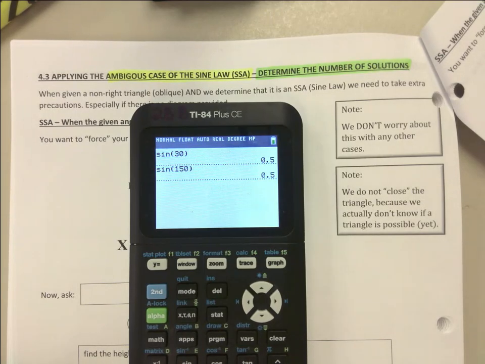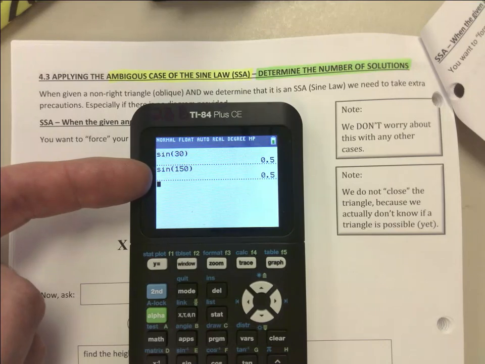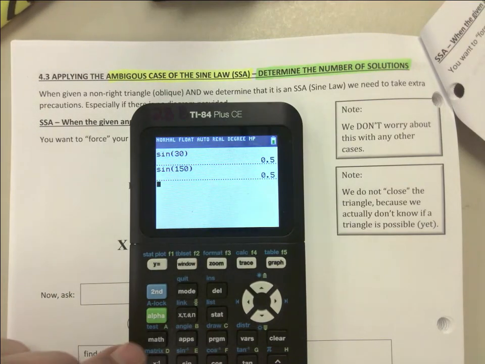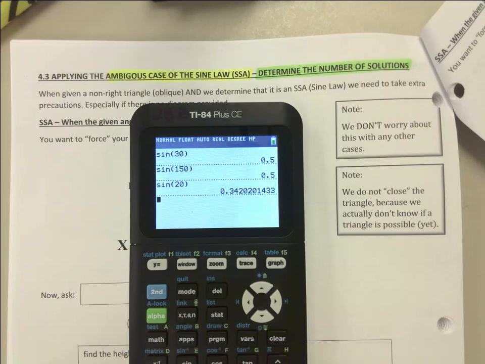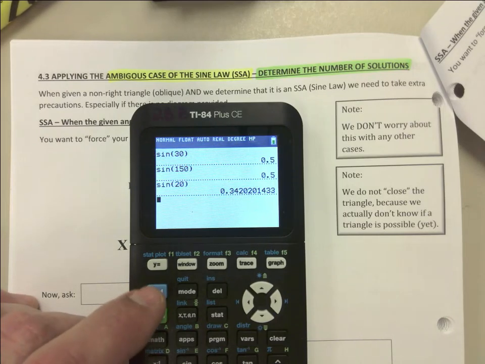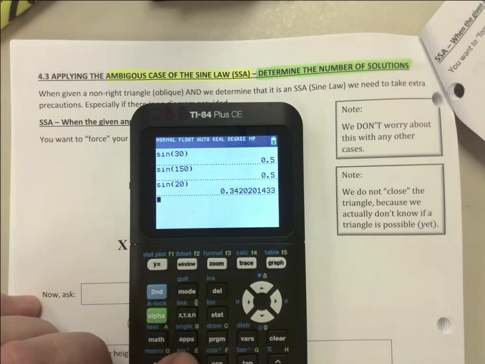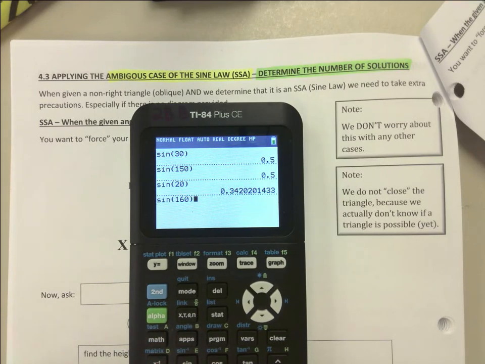Pay attention now, okay? Isn't that a problem if sine of 30 is half and sine of 150 is half? What's going on? Let's try another one. Sine of 20. Now try sine of 160. Same number.